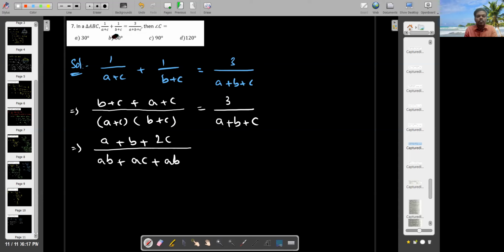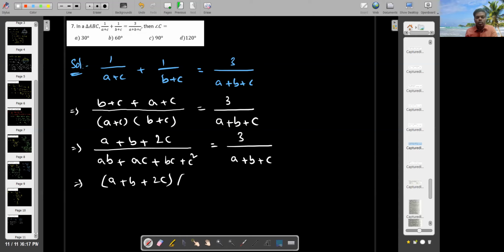This is bc plus c square equal to 3 by a plus b plus c. That implies, if we cross multiply it, a plus b plus 2c into a plus b plus c equal to 3 times of ab plus ac plus bc plus c square.